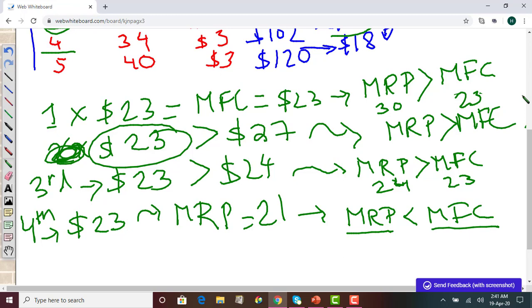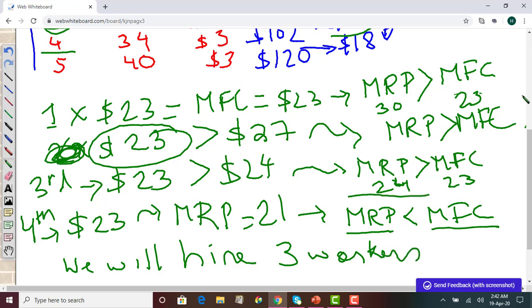So in this scenario, we will hire 3 workers, because that is the point until MRP is greater than MFC. We will not hire the 4th one, because that's when the marginal revenue product is less than your marginal factor cost.